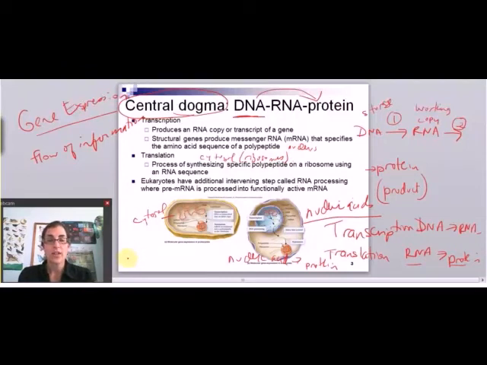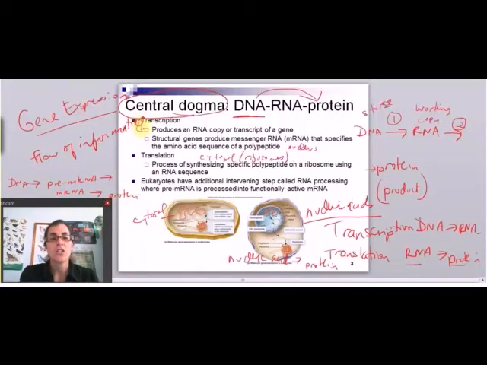Eukaryotes also have an extra step. So eukaryotes will go from DNA to something called a pre-mRNA. Then they'll make a final mRNA or a mature mRNA, and that will be made into a protein.